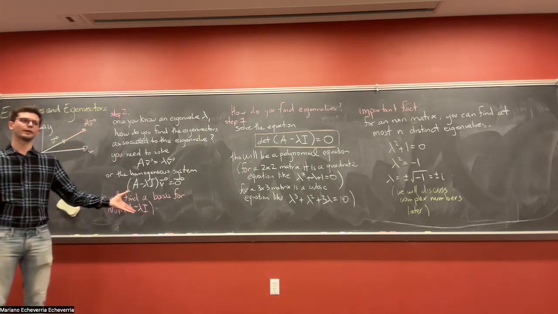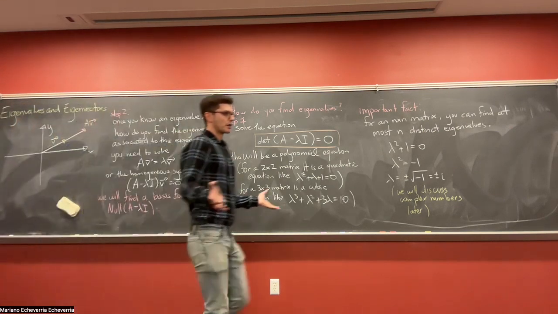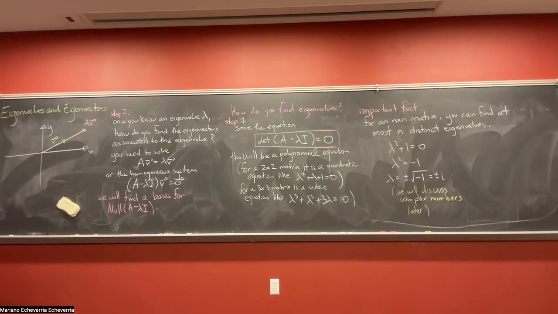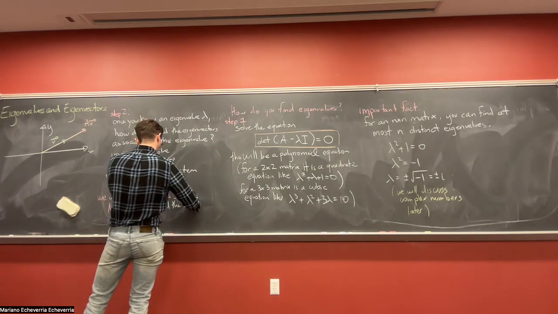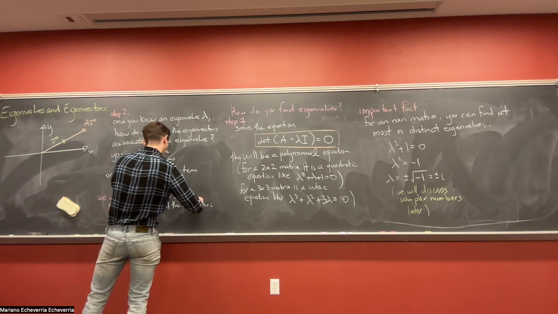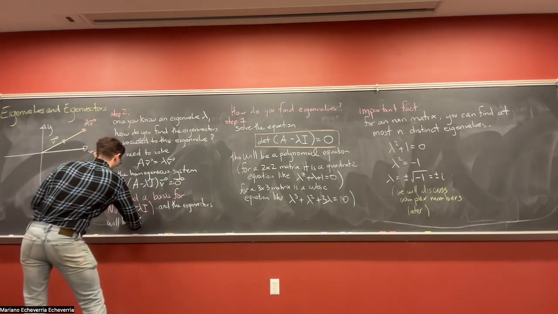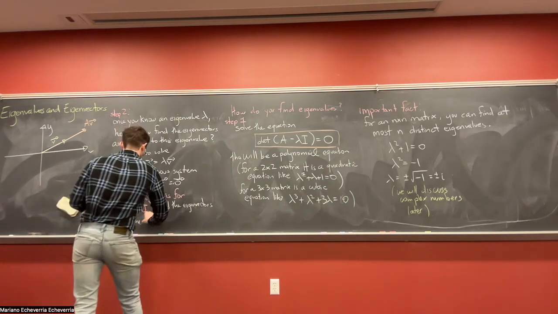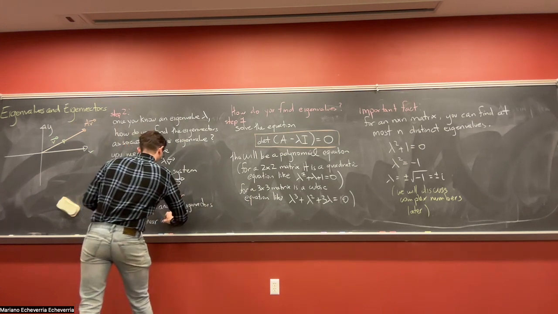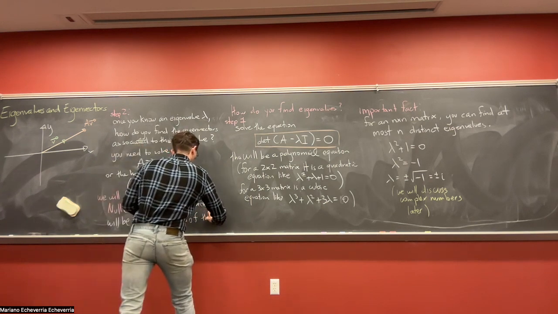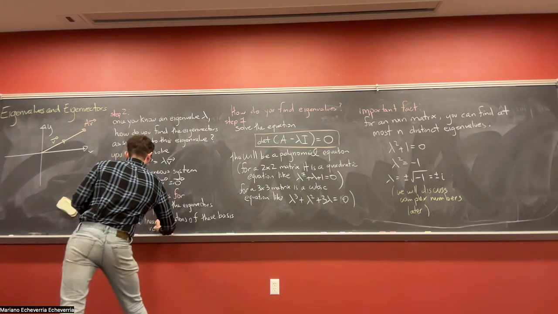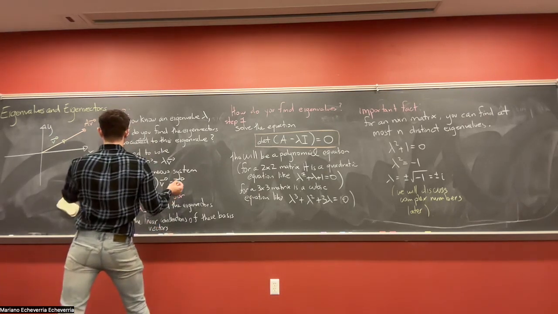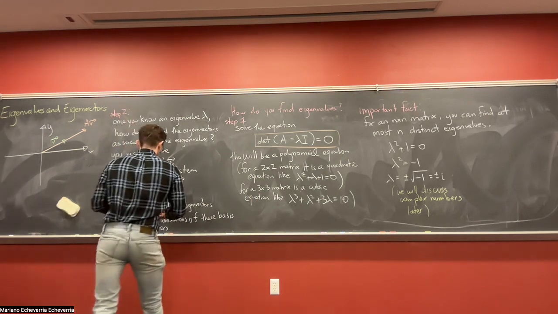And then the eigenvectors will be the linear combinations of the basis vectors for this null space, with the exception of the zero vector, because we exclude the zero vector from the definition.